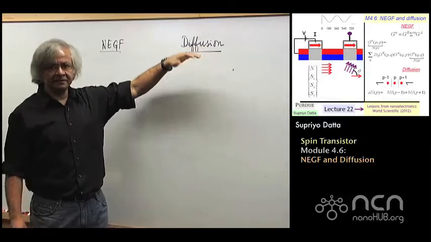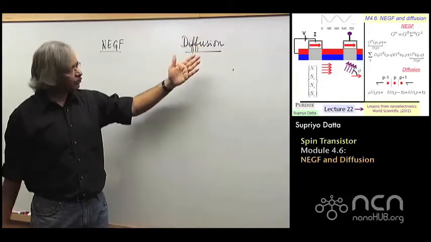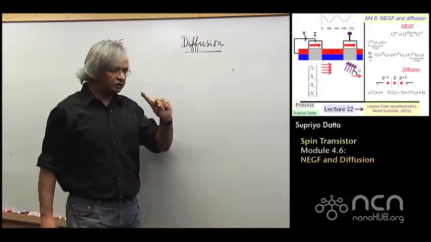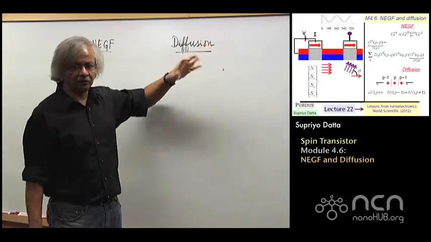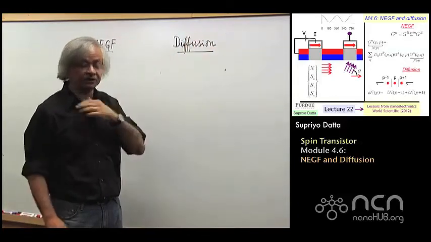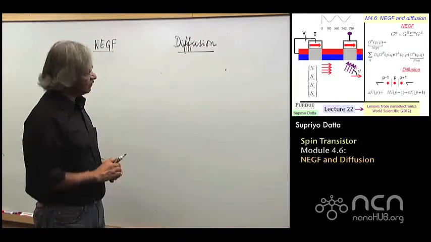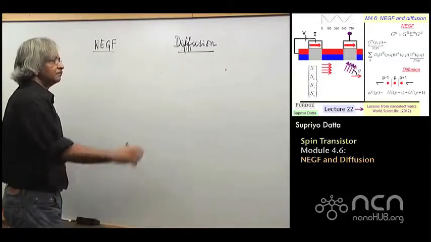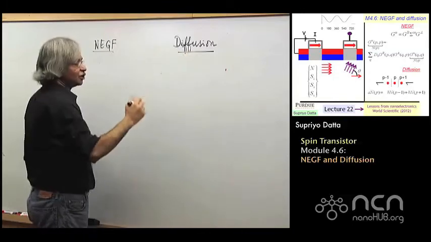And this, as I said, can describe how spins diffuse quite well, as long as you can talk about things in terms of just ups and downs and don't have to bring in these intermediate directions. But then what is the connection between this and this NEGF? Well, to see that, let me first tell you that this reminds you a little bit of the diffusion equation.